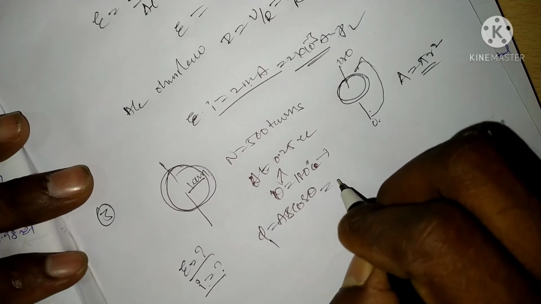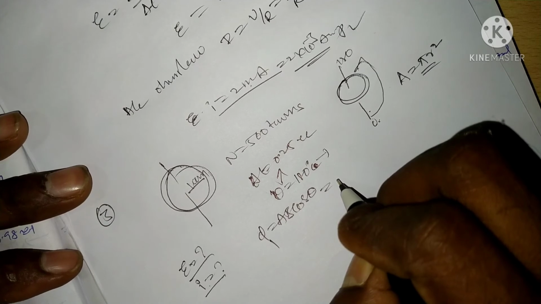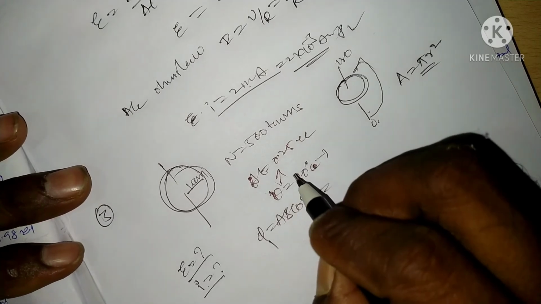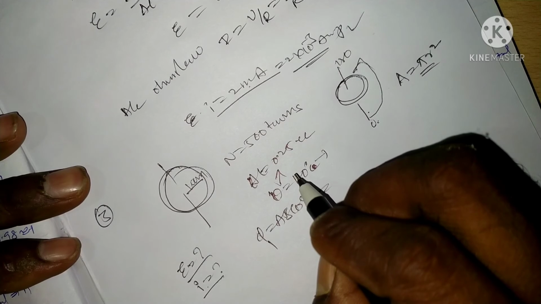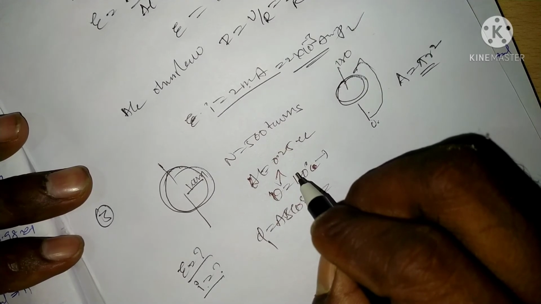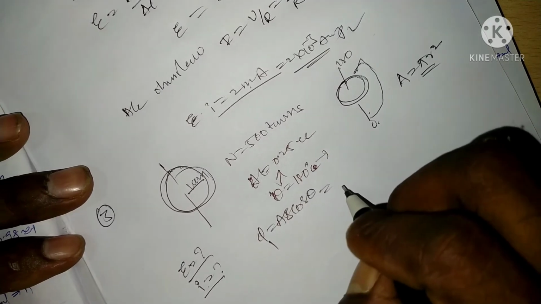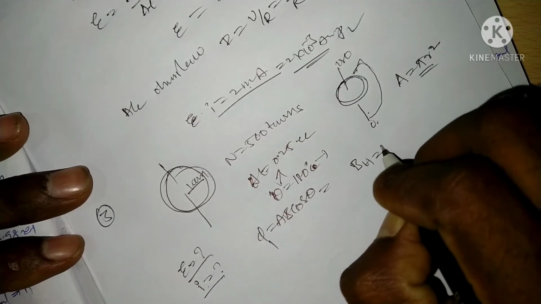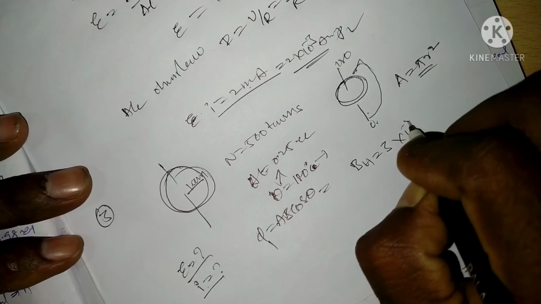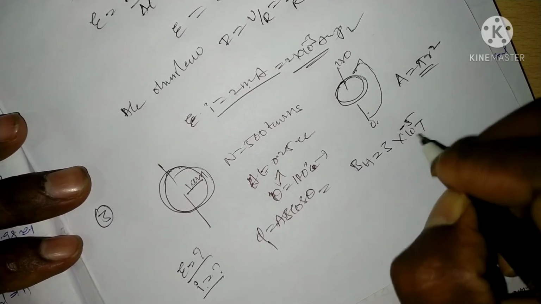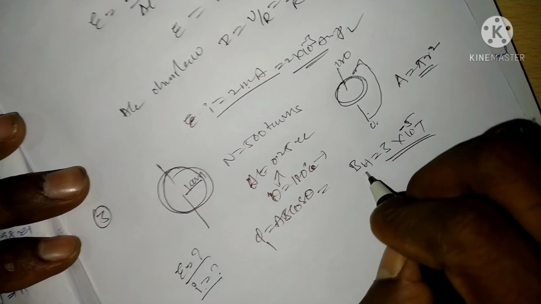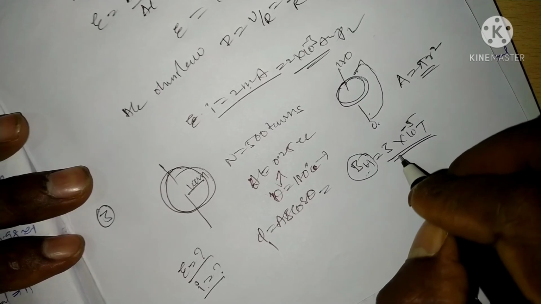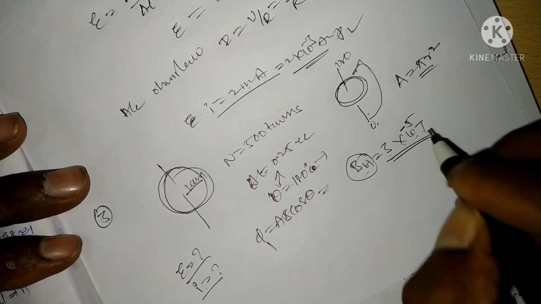B is the magnetic field due to the Earth. The Earth's magnetic field is 3 × 10^-5 Tesla. That is the magnetic field due to Earth, BH = 3 × 10^-5 Tesla.